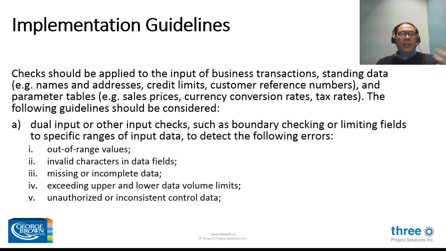Okay, so these are some of the implementation guidelines. Checks should be applied to the input of business transactions, standing data like name, address, credit limits, and so on, and parameter tables. So for example, nowadays if you enter a date of birth, or if you're traveling on Air Canada, they ask you for departure date and return date. They don't allow you to just enter the date mostly, right?